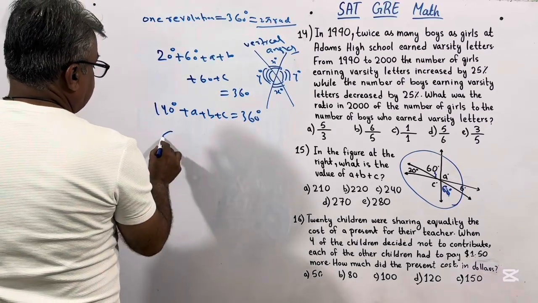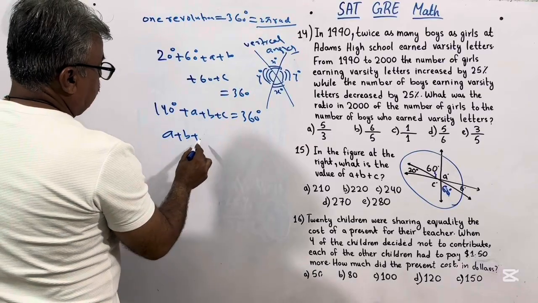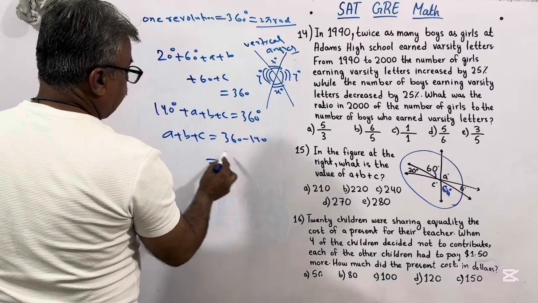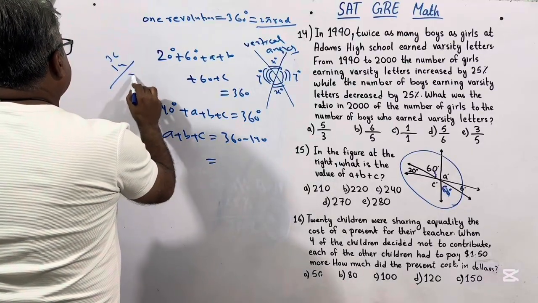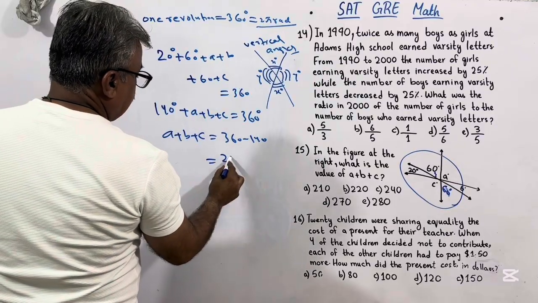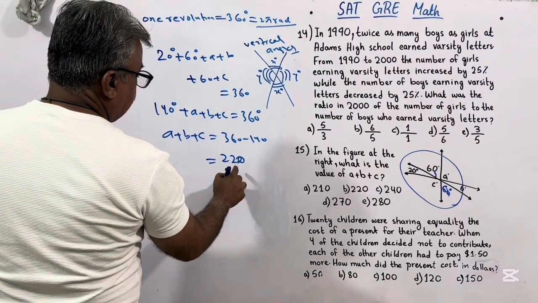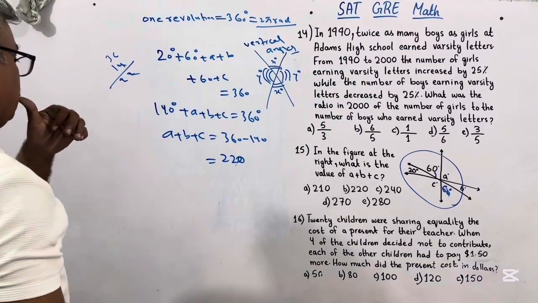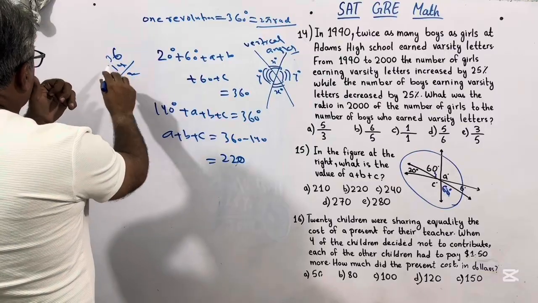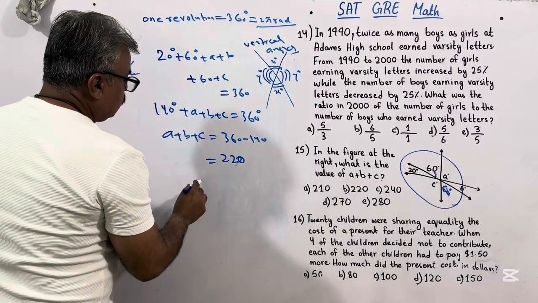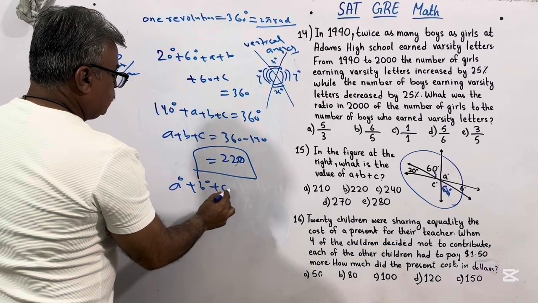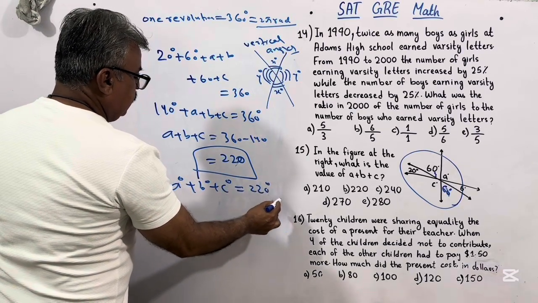Subtracting 140 on both sides, A plus B plus C is equal to 360 minus 140, which is 220. So the sum of A plus B plus C is equal to 220 degrees.